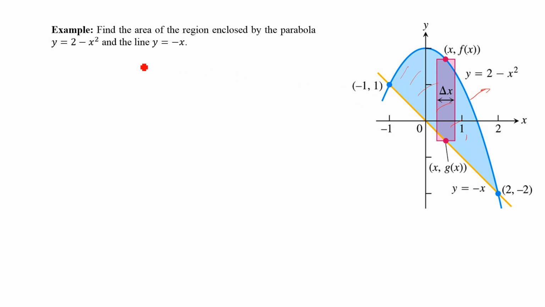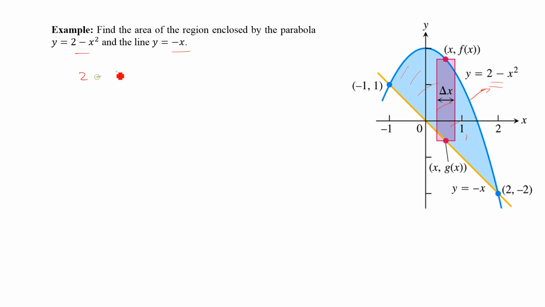Now in order to find the points of intersection, we equate the heights. So y equals 2 minus x squared in the case of the parabola and y equals minus x in the case of the line. So we need to find the points where the height is the same for both curves.